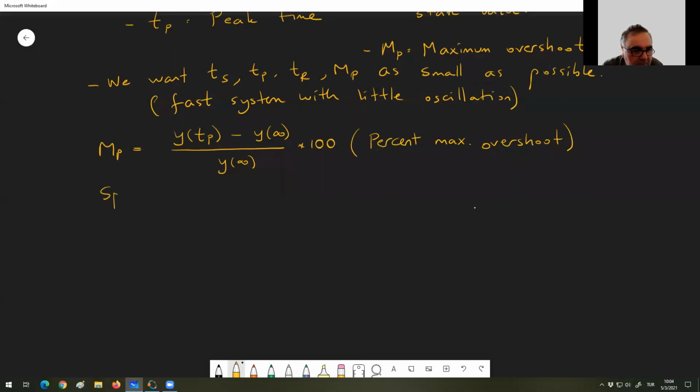So, specification, let's say settling time is 2 seconds and the maximum overshoot is 10%, 20%, etc. Whether you can achieve this or not is another problem, but you can specify it. Like, I want a system that settles in 1 second and has an overshoot of 20% or something.